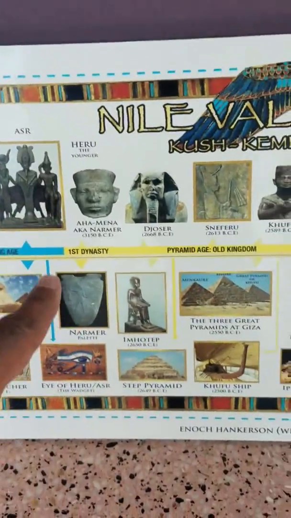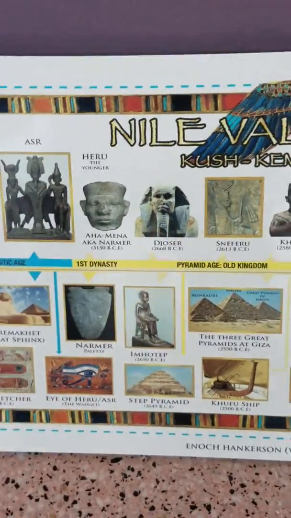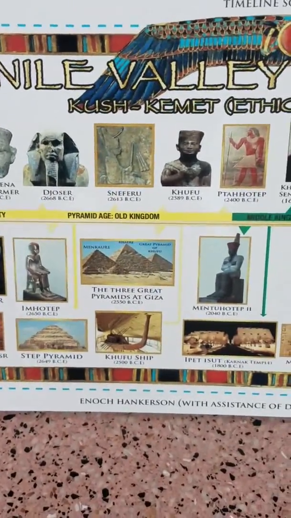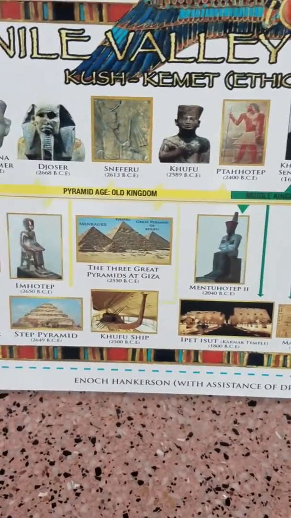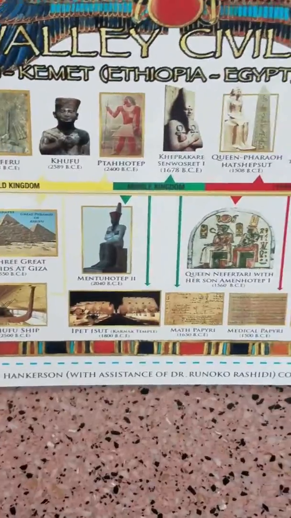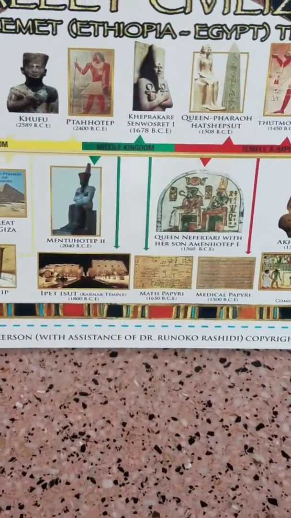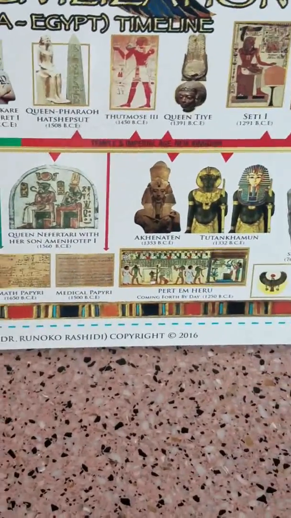We have the first dynasty that started with Narmer, this brother that came out of Kush. Now we call Kush Ethiopia or Nubia. And then we come down the line. We have Djoser. You see we have Imhotep, Sneferu, Khufu, and you see we have a ship there, the Khufu ship. We come down, we have Ptahhotep.